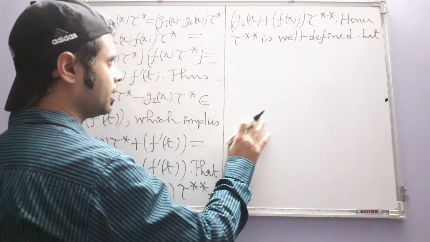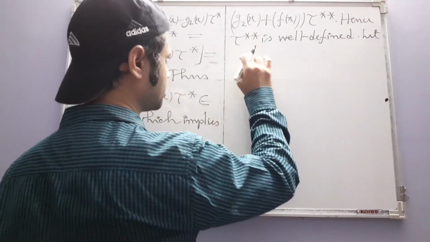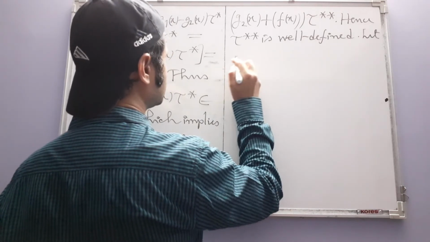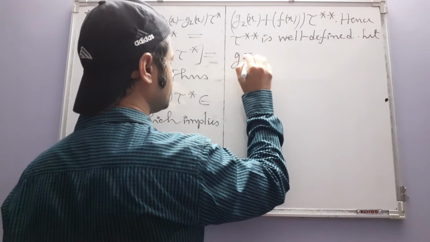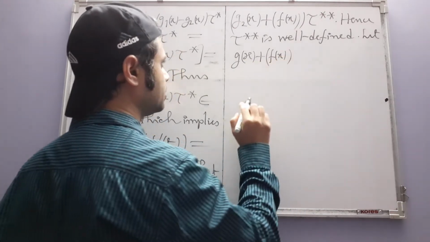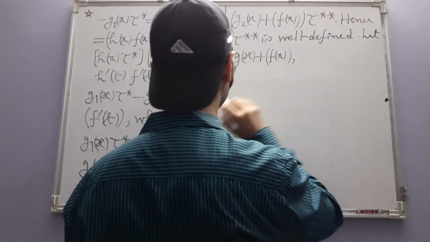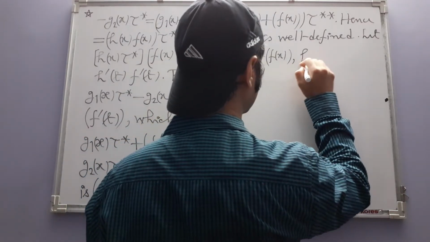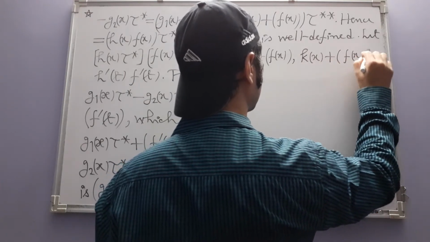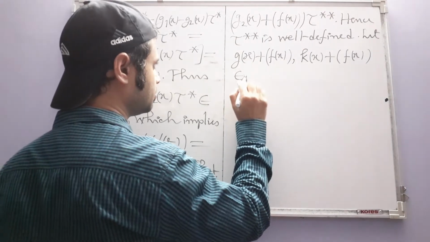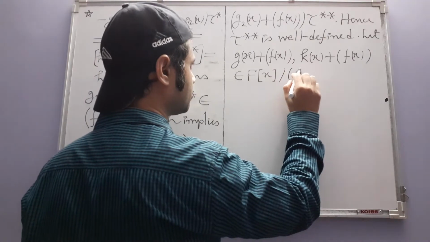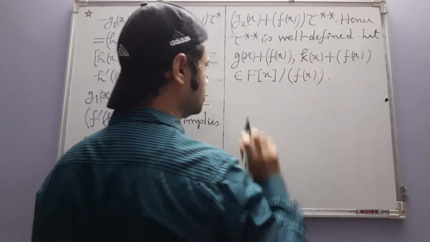So next, let us take two elements from our domain quotient ring. What shall we take? Let us take g(x) plus (f(x)), and say h we have already used here now, so let us take k(x) plus (f(x)) belonging to this.